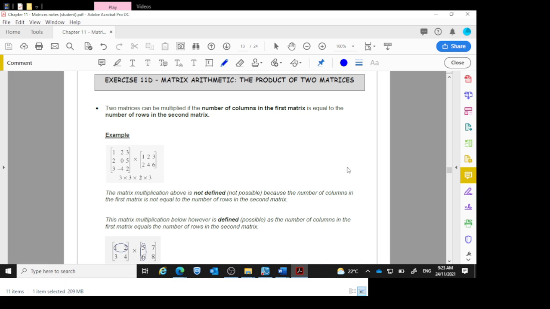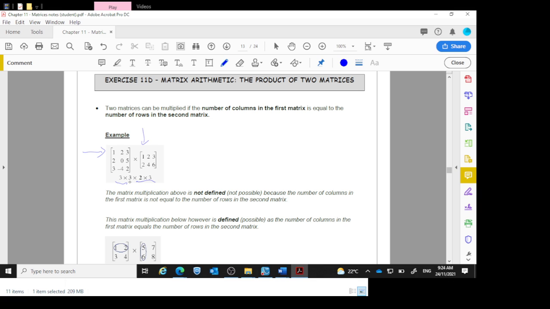And then we multiply the numbers that are in the same spot together. So here I would be multiplying this row with this column if it worked. Now how can we tell if the matrix works? Well, we'll look at the order of the first one, which is a 3 by 3, and we'll look at the order of the second one, which is a 2 by 3.